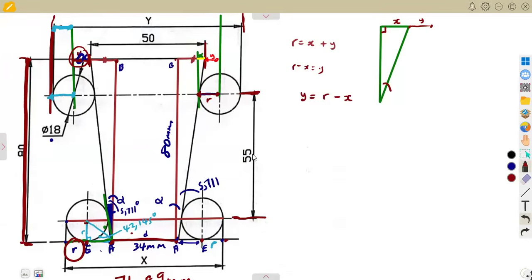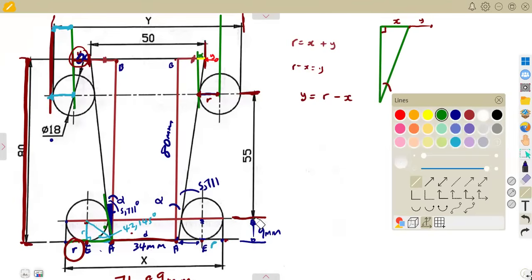So 80 minus 50. If you check, there is a part that is remaining down here, which is the radius of the roller. And the radius is 18 divided by 2, so there are 9 millimeters of the radius remaining. So to find this distance that we have here, let me present it this way.